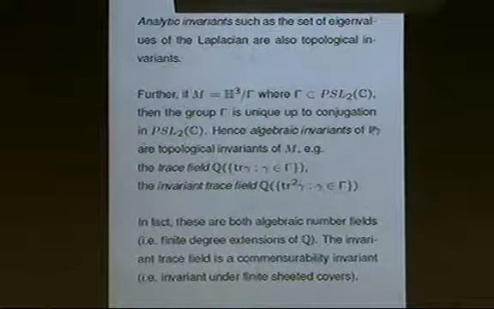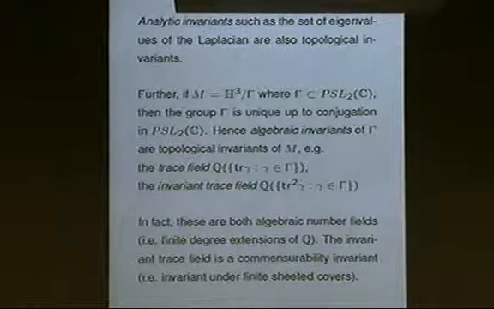Another thing we get are arithmetic invariants or algebraic invariants, as we saw yesterday in Walter's talk. Just a quick reminder, some examples of this. If you write your hyperbolic manifold as a quotient of H3 divided by a discrete subgroup Gamma of PSL2C, then rigidity says the group Gamma is actually unique up to conjugation in PSL2C.